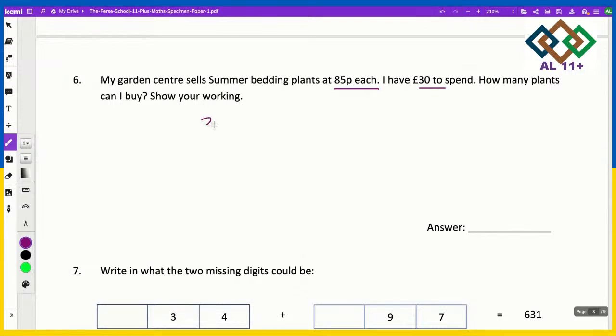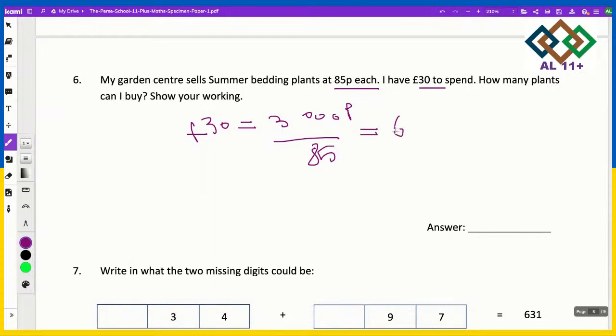So we know that 30 pounds equals 3000p. We made it in p because they were asking us in p itself. So then we just have to divide 3000 divided by 85.